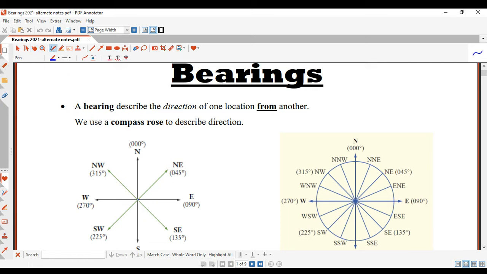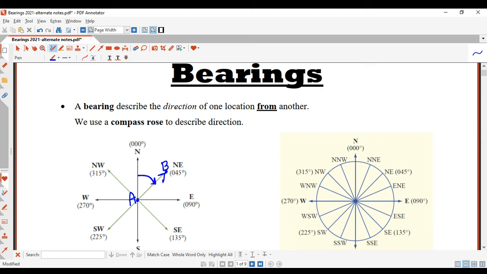For a basic example, let's just say you were standing here. Call this point A. And then your friend was standing here at point B. The direction of where your friend is standing from where you're standing is northeast. We could also describe the direction as an angle.